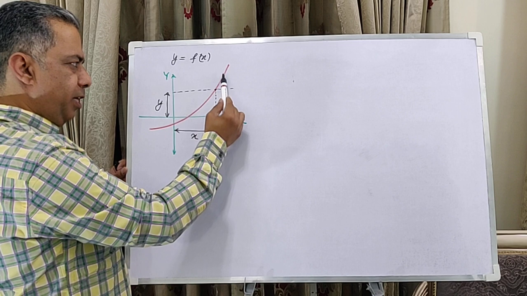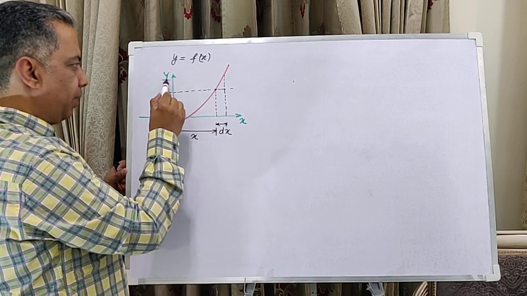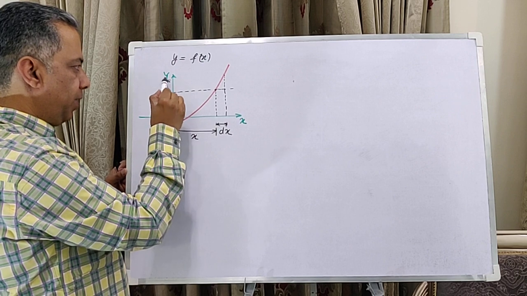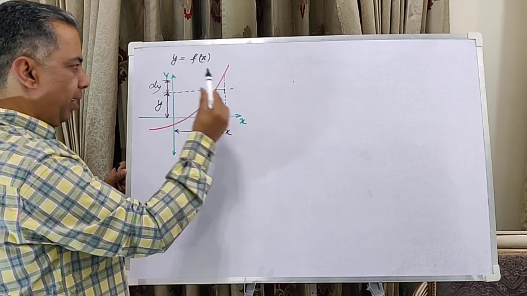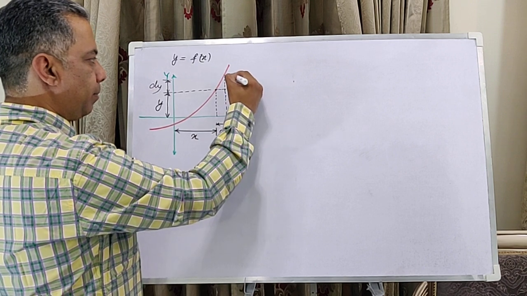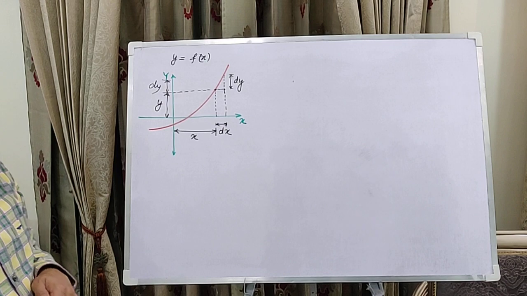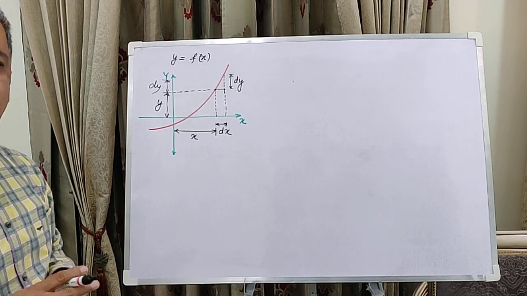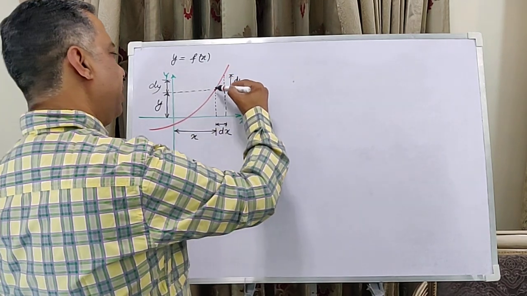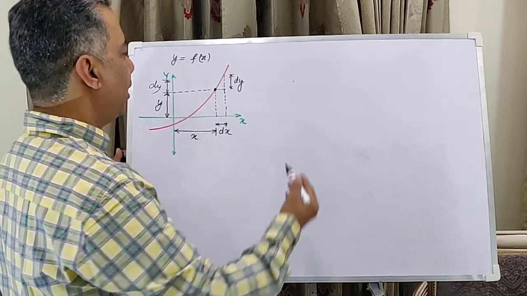Then this further change in y would of course be dy, the change in y. So over here we have this dy, correct?